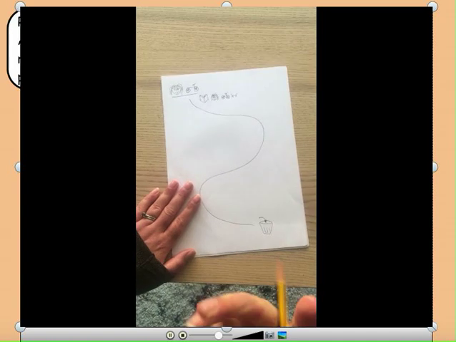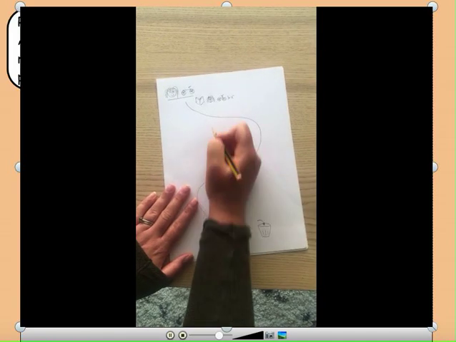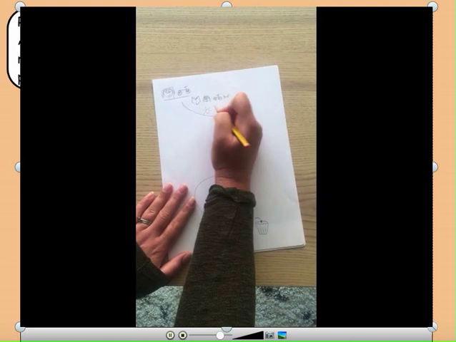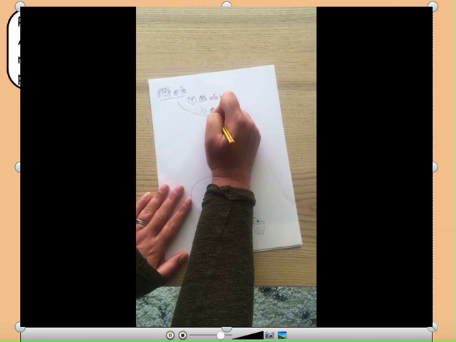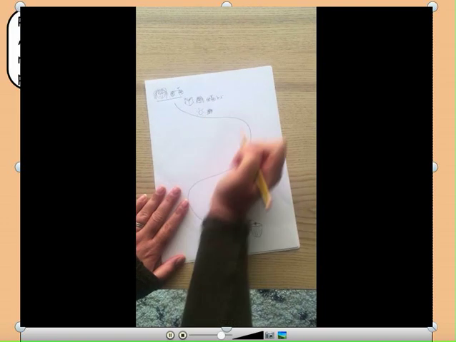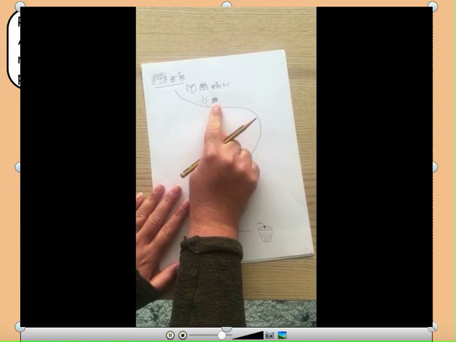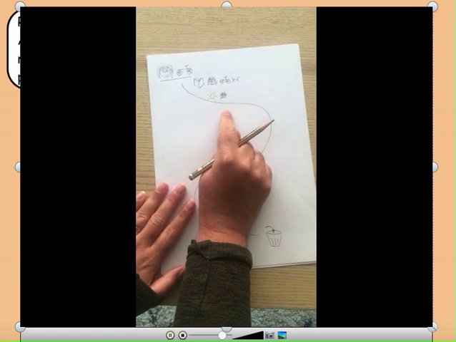What's the next bit? I know that you're saying it at home. One day a hedgehog ran out. So I might do a sun to remind me of one day, and then I'm going to do a sort of hedgehog symbol. Okay, remember what we said about it not having to be perfect, not having to be an art lesson. One day a hedgehog ran out. This bike needs is a really loud horn.